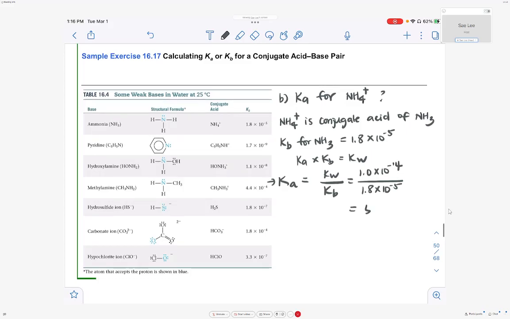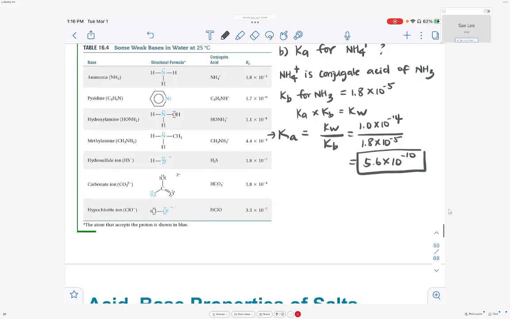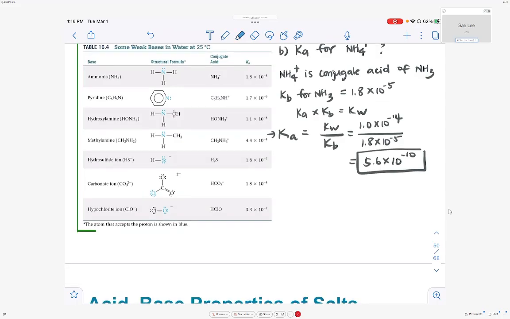This equals 5.6 times 10 to the negative 10. Again, this formula can only be used for a conjugate acid-base pair.